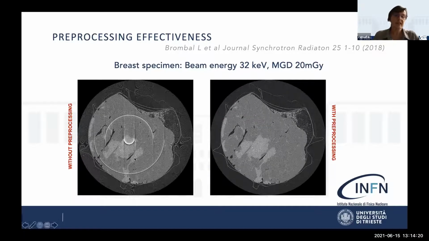Well, after the pre-processing, we get rid of the artifacts, and now we have what in DICOM can be defined as for processing images. So this image is free from artifacts due to the detector. And here you can also see these brilliant signals that are edge enhancement due to the propagation-based imaging.